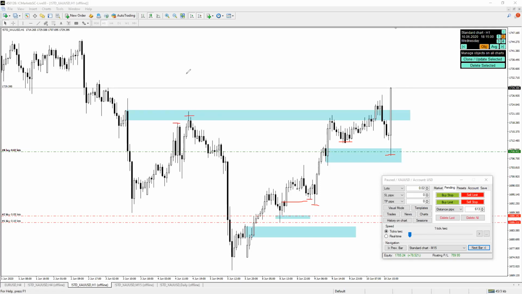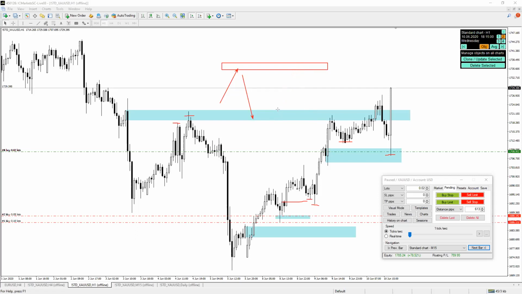This is something that happens almost all the time. Let's say we have a zone around here that we're looking to sell from. Our anticipation normally is that price will come here and then drop.